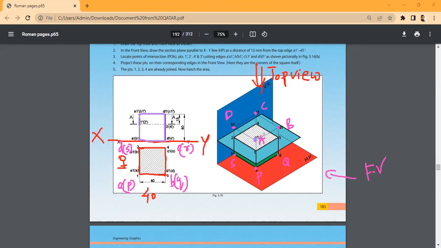Here in the front view, A is visible, but D is invisible, right? So A dash bracket D dash. Here B dash bracket C dash. In the bottom, this point is P dash bracket S dash. Here Q dash bracket R dash.